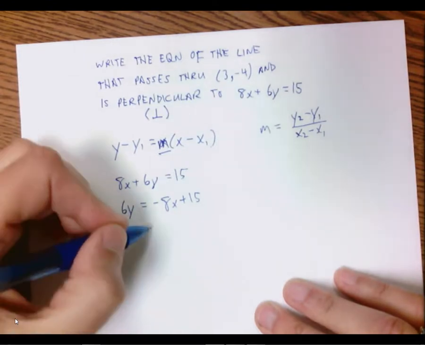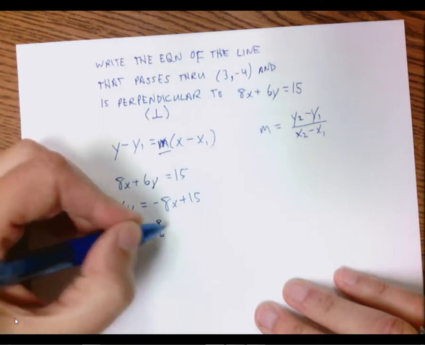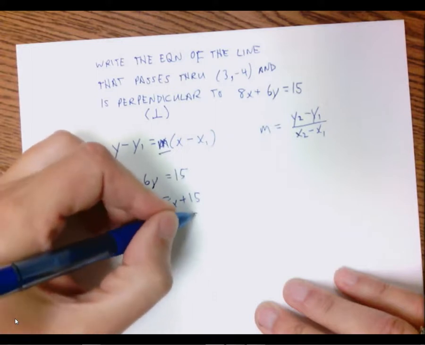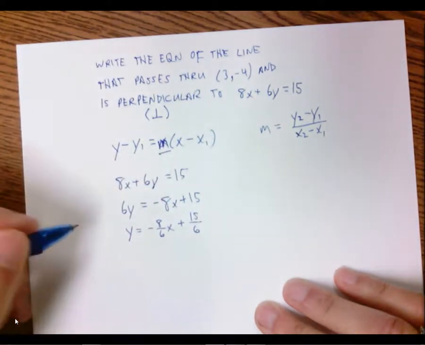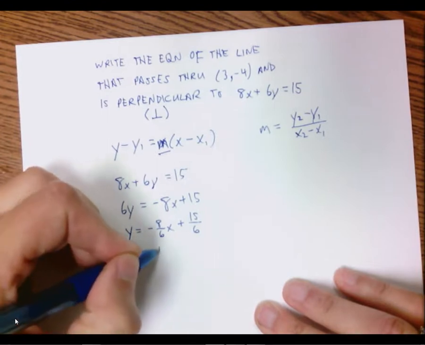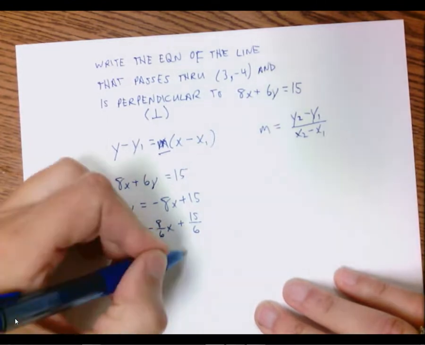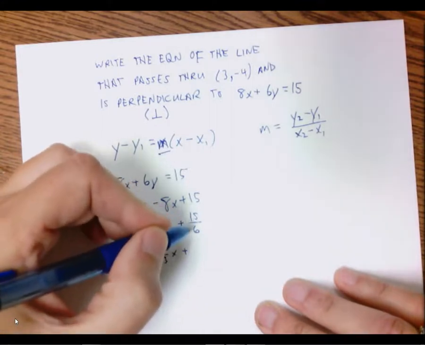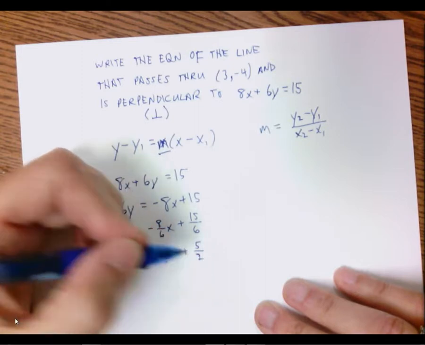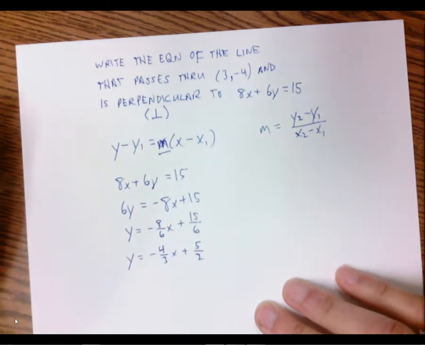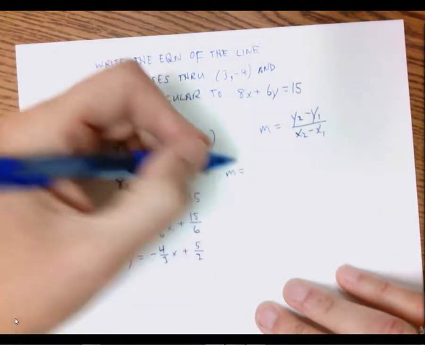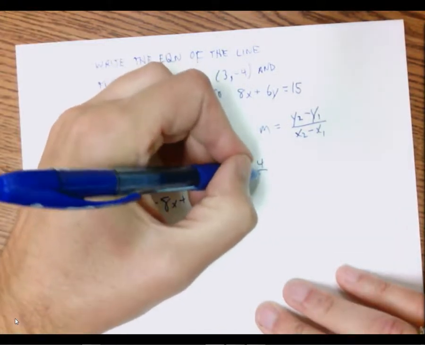So we get y equals negative 8 sixths x, and then plus 15 sixths. And then we'll reduce to get our slope. So this will be y equals negative 4 thirds x, and you can reduce this too if you want. That'll get us 5 halves, I believe. And then we now have our m. So m in our case equals negative 4 thirds.